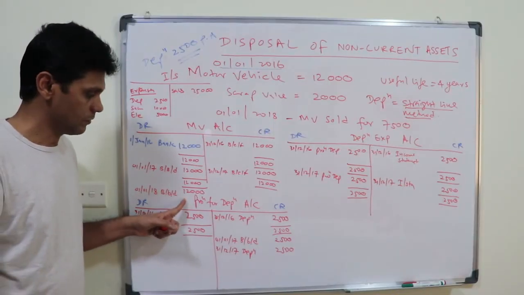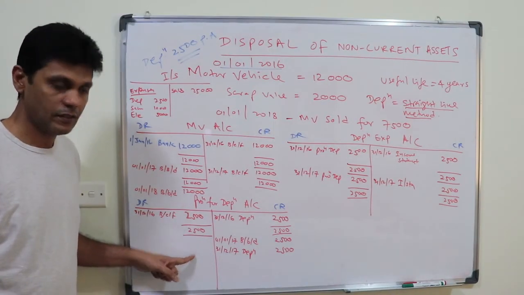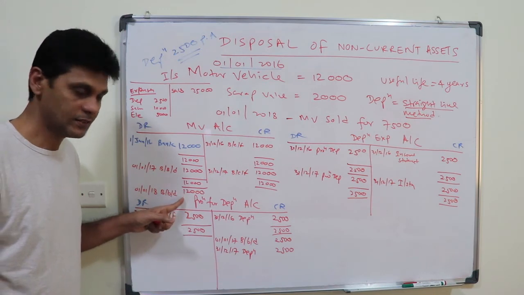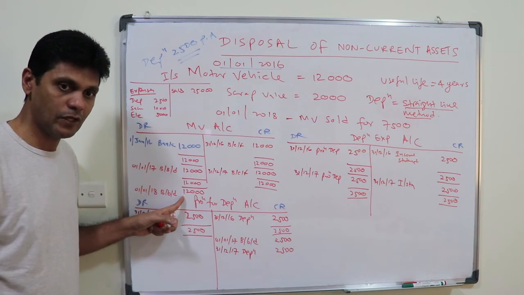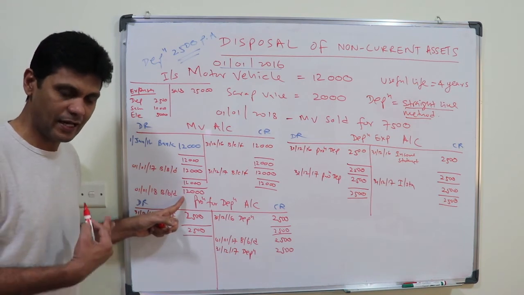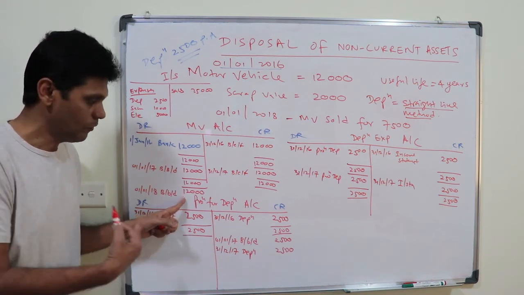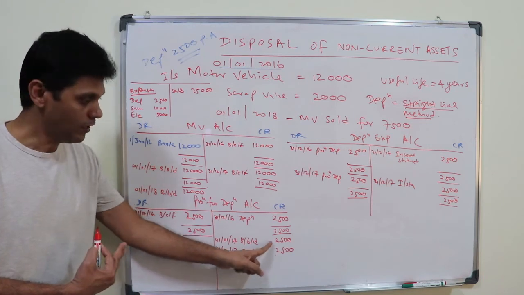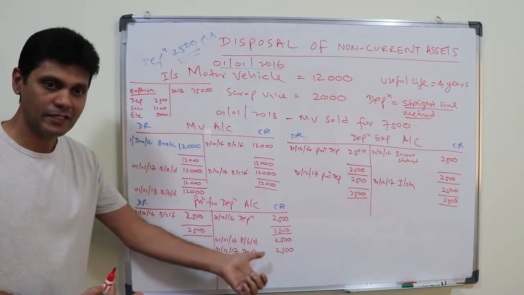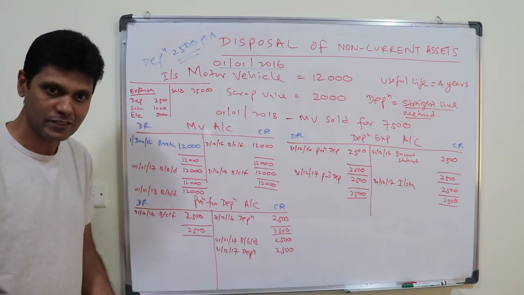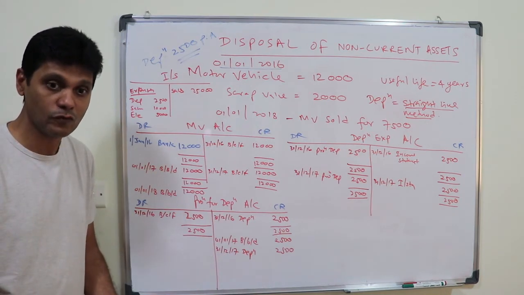Then the provision account, as long as you have the asset. See, now in the second year your cost is how much? We are showing 12,000, but is this the real cost? No. Why? We have provided 5,000 now. If you want to see the real cost, 12,000 minus 5,000 is 7,000, the net book value.